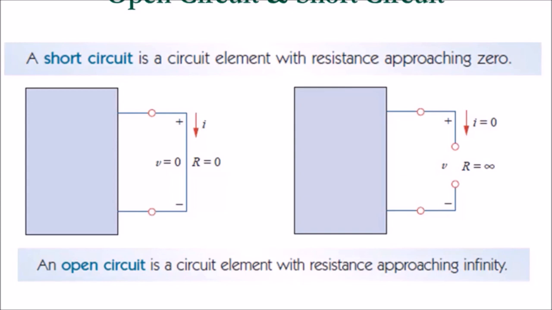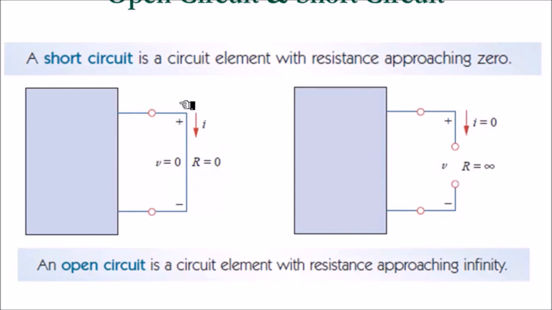For an open circuit, the resistance is equal to infinity. Since the resistance is infinity, the current flowing through the open circuit is equal to 0, that is, I is equal to 0. So the electrical equivalent of I equal to 0 is an open circuit. To fix V equal to 0, you have to create a short circuit, and to fix I equal to 0, you have to create an open circuit.